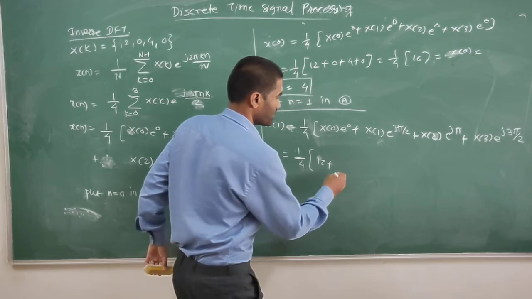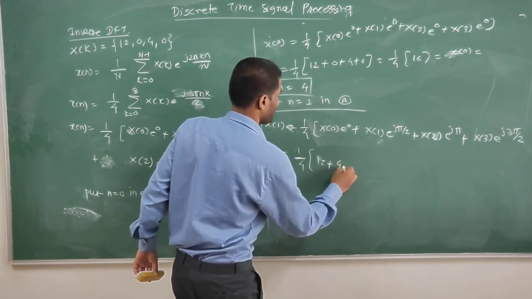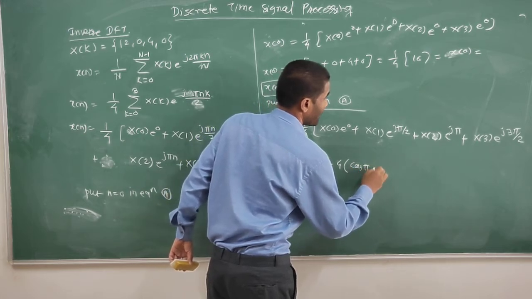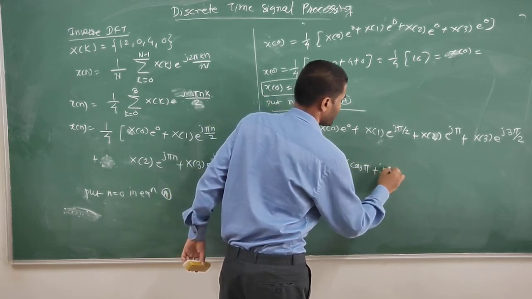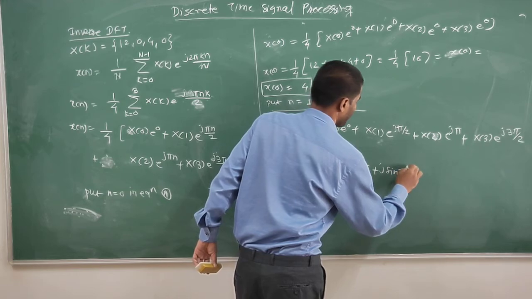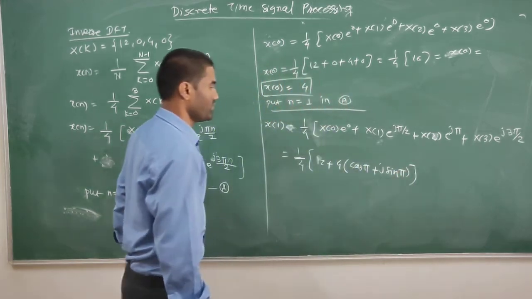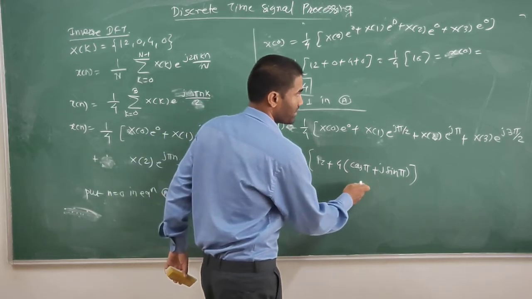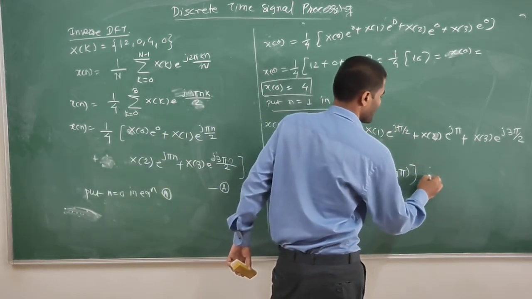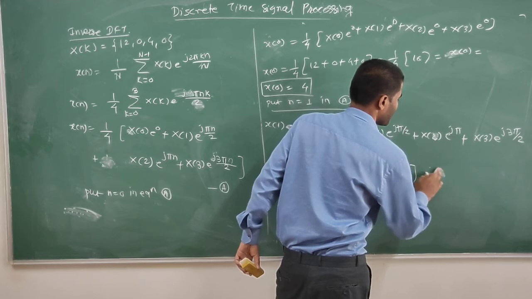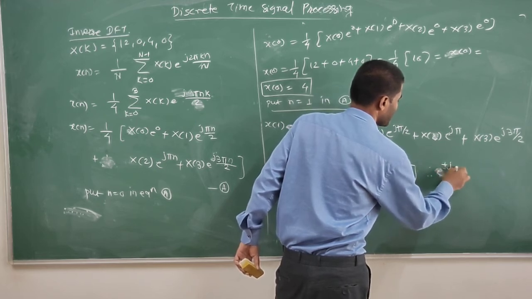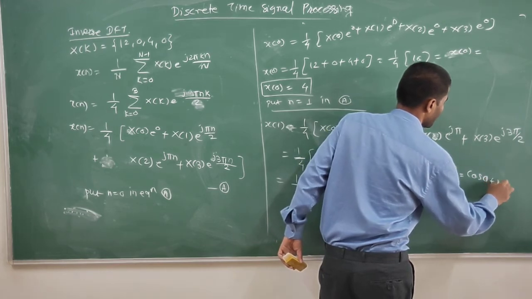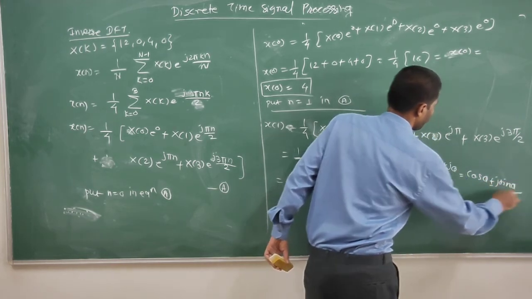So 12 plus x of 2 is how much? 4 into cos pi plus j sin pi, cos pi plus j sin pi. Okay. Why am I putting this? Because you know that e raised to plus or minus j theta is equal to cos theta plus or minus j sin theta.